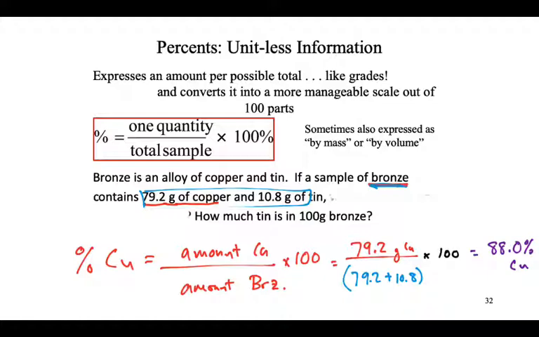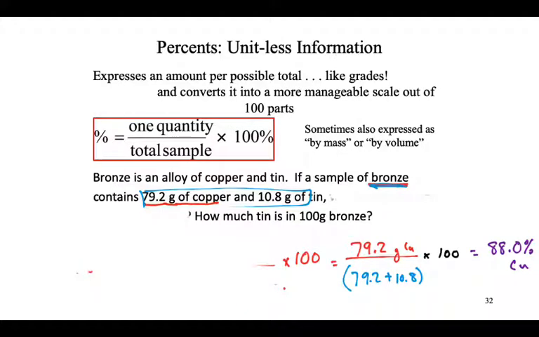If 50% of it was copper, what was the other? 50% tin. 88% of it is copper. 12% is tin. Okay? So we can now remove all of that stuff. We've got 100 minus the 88. Gets us 12% tin. Yeah?